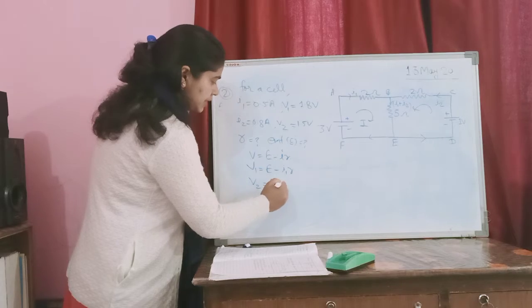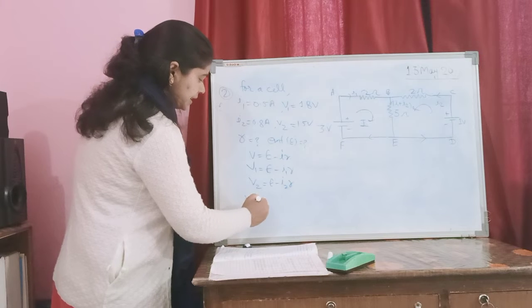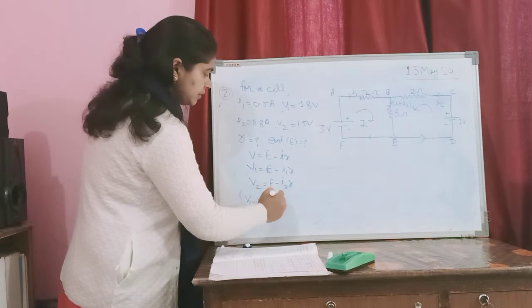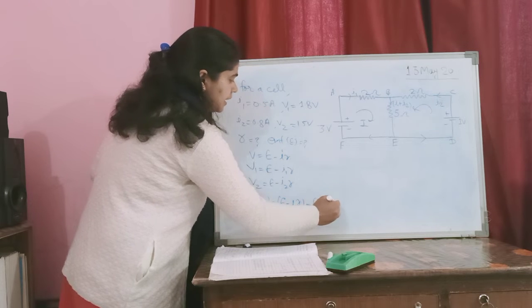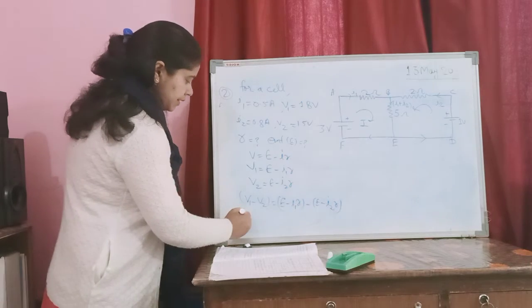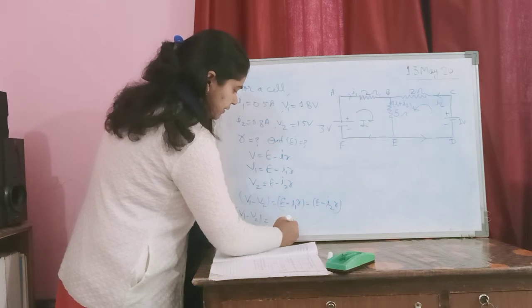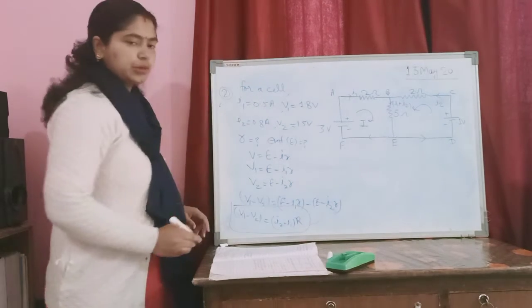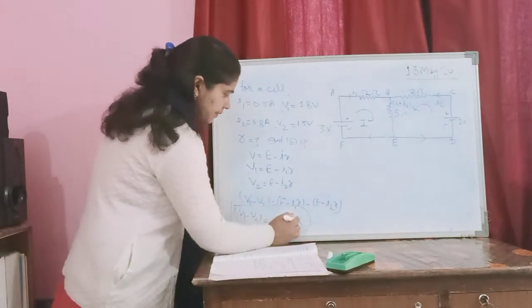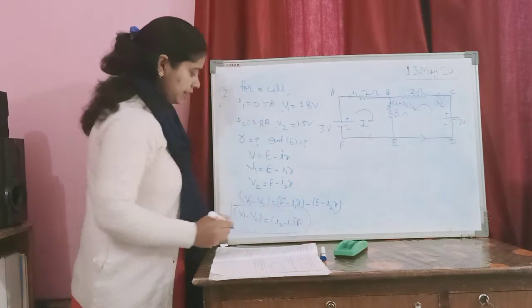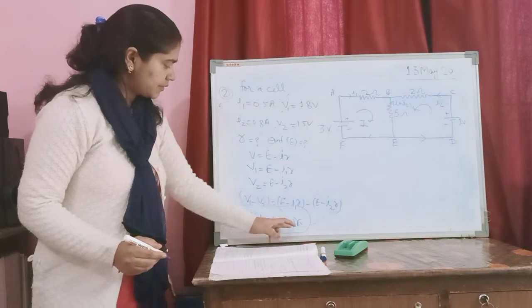V2 equal to E minus I2 R. Or we can say V1 minus V2 equal to E minus I1 R minus E minus I2 R. So V1 minus V2 equals I2 minus I1 into R. Now put the values of V1, V2, I1 and I2, and we can find R from it.